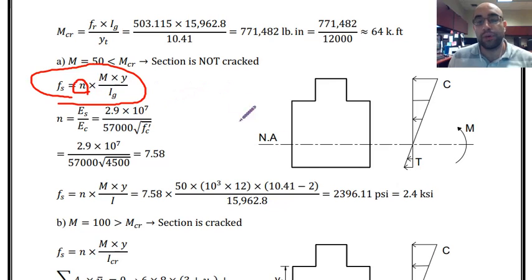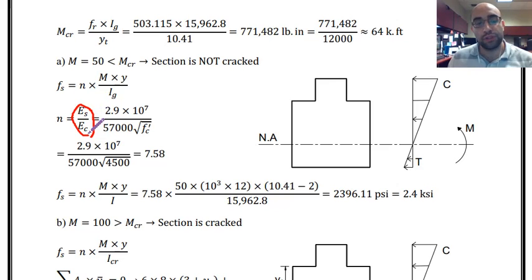Pay attention to this n. That is because we have composite material, and whenever we have composite, I mean multiple materials in one section, we have to consider n, which is the ratio of Young modulus of the materials. Over here we have steel and concrete, so n is Es, Young modulus of steel, over Young modulus of concrete. Young modulus of steel is this number, and it is the same all the time because that is the major property of steel materials.